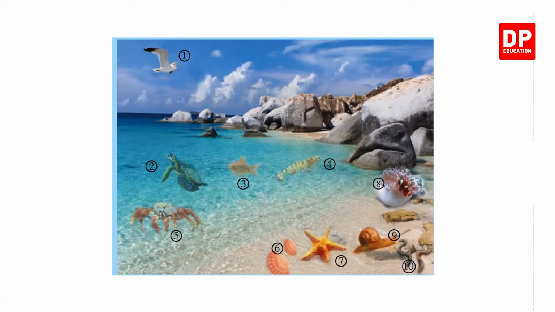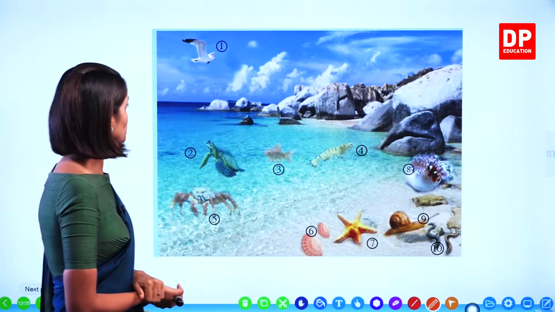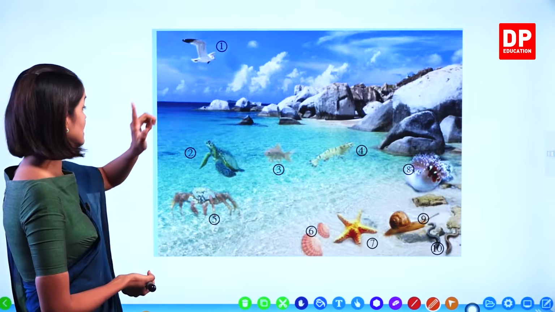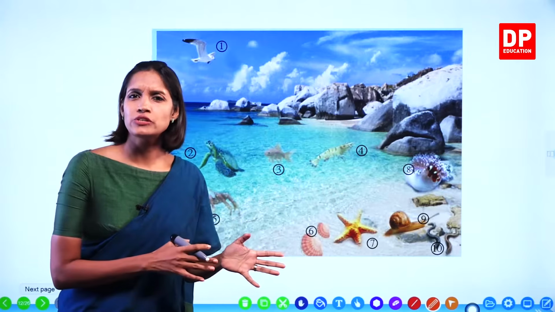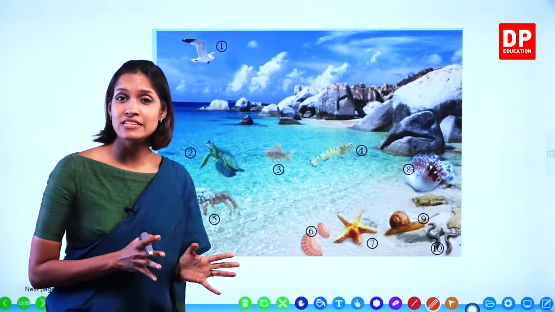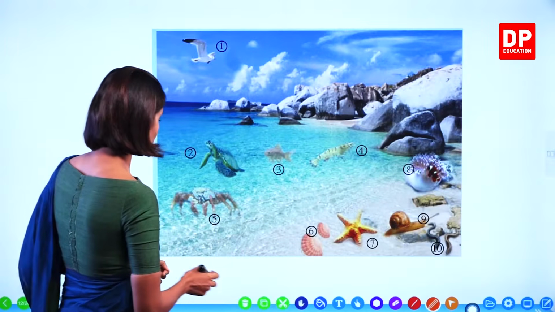Okay, right. So the picture again I took here. Number 1, seagull. So seagull is a type of bird. I explained to you earlier, birds have a skeleton including a backbone, right? So we will write down now.